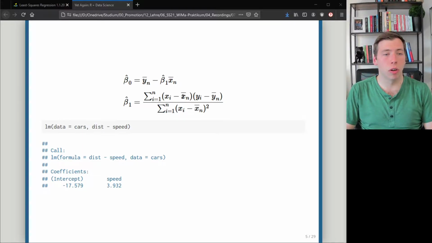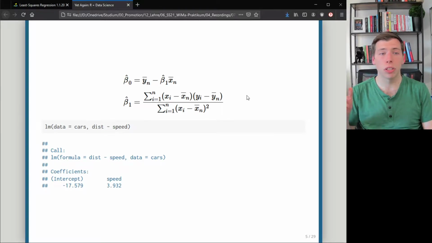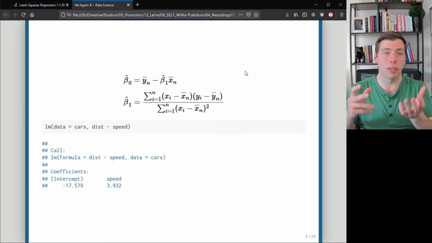And here the overlined variables, xn bar, yn bar, are the averages. So xn bar is the average of all observed predictor variables, and yn bar is the mean of all observed response variables. And then it's only a matter of using these formulas to plug in the data I actually observed to compute, or to estimate, the parameters.